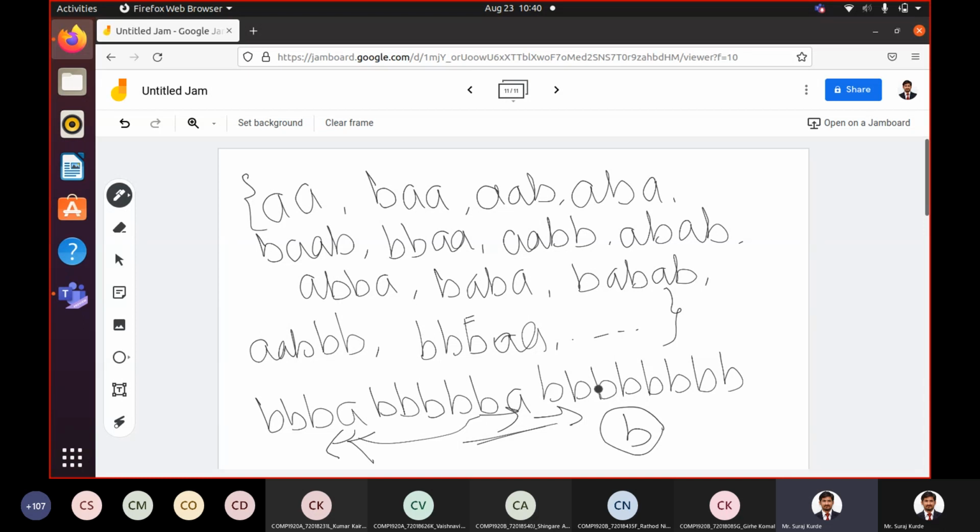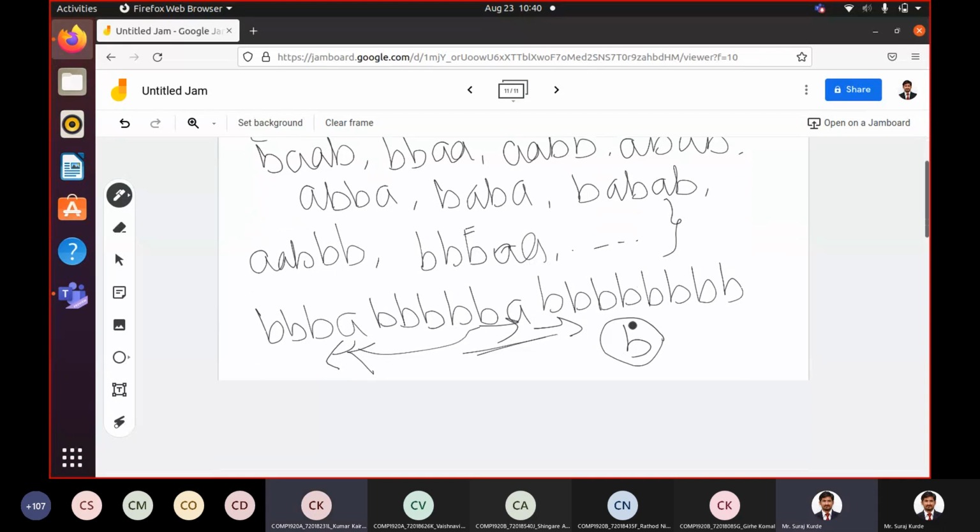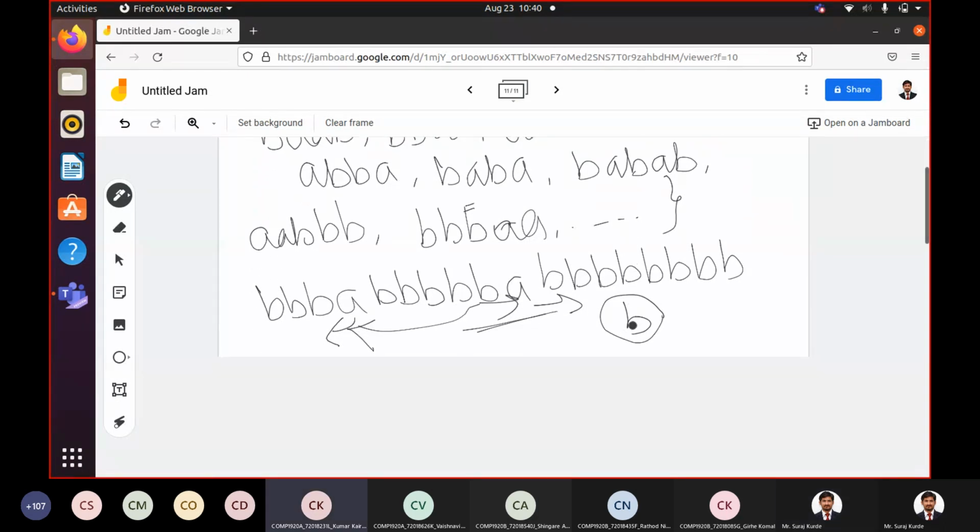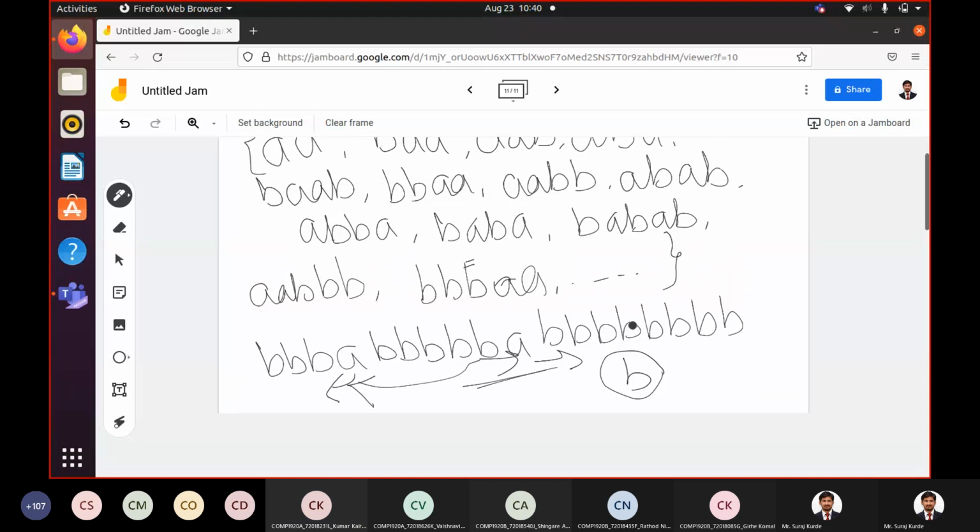There is no compulsion how many times it should be there. It can be 0 or more times. So what will be the regular expression? B star A, B star A, B star. Good. So it will be B star A, B star A, B star.